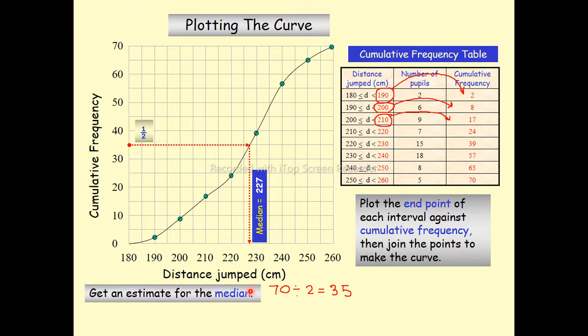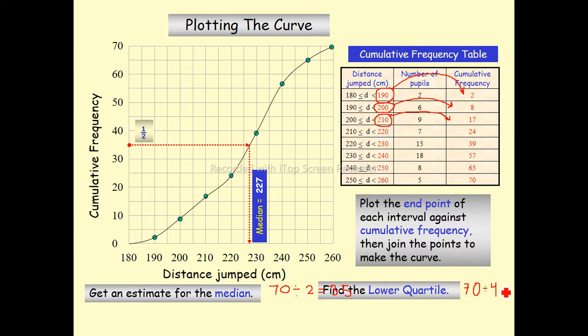Next up we want the lower quartile. The lower quartile has to do with 70. To get the lower quartile, you divide. For the lower quartile, it's 1/4.